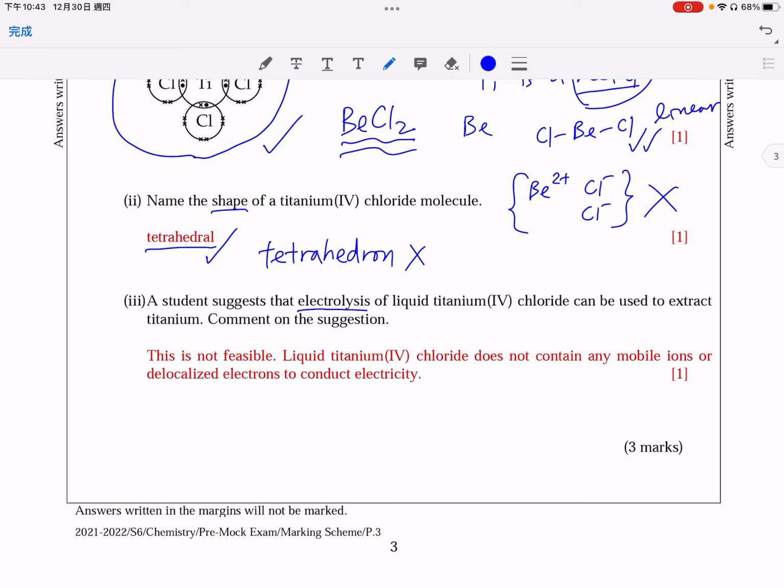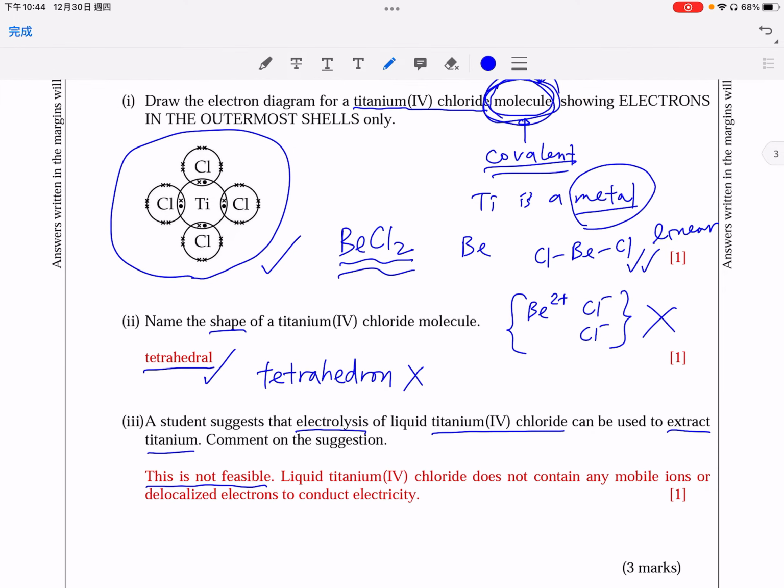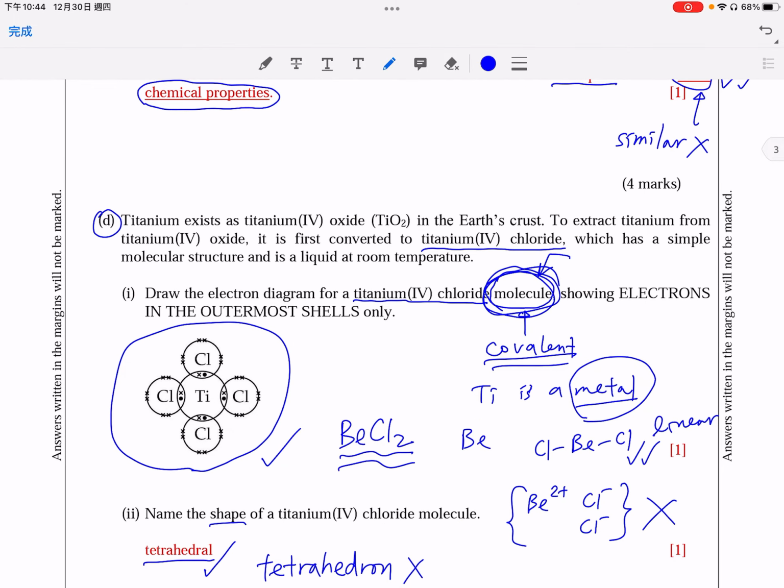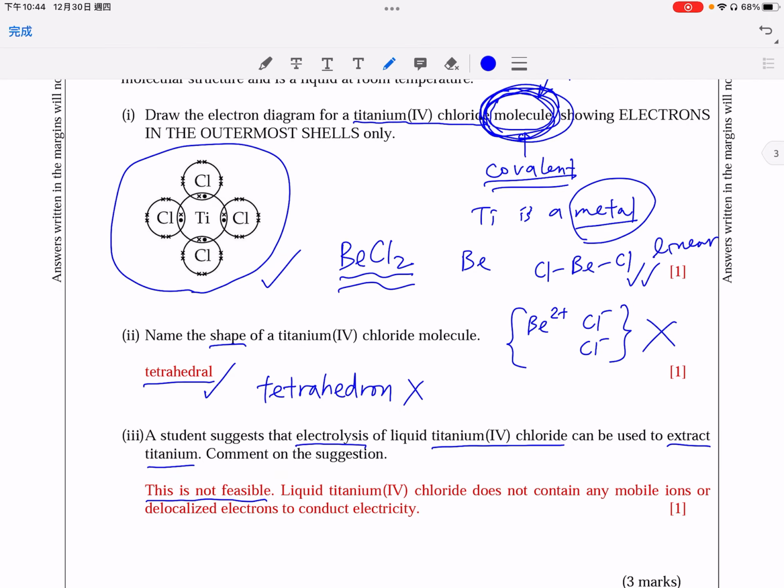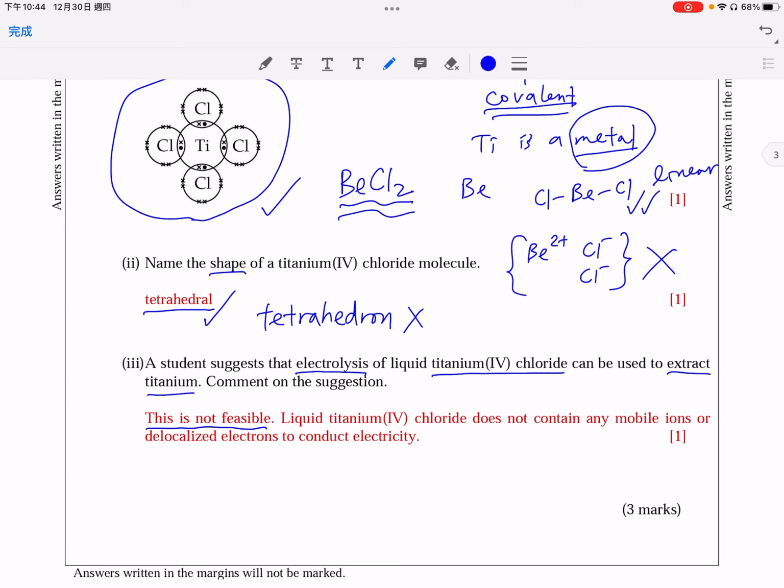Why electrolysis of titanium 4 chloride cannot extract the metal? You have to say not feasible, cannot. But why? As you are told that it is covalent. It exists in the form of simple molecular structures. Therefore, it actually cannot conduct electricity. But why?